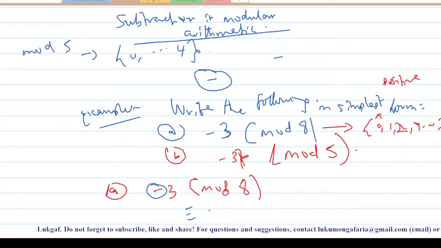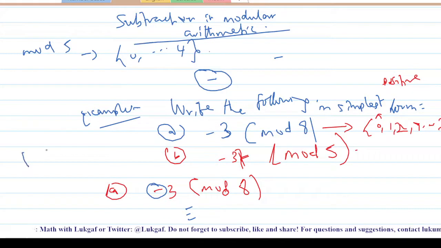Then now think of a multiple of 8 that falls immediately after 3, or that is very close to 3. This is what I'm trying to say.